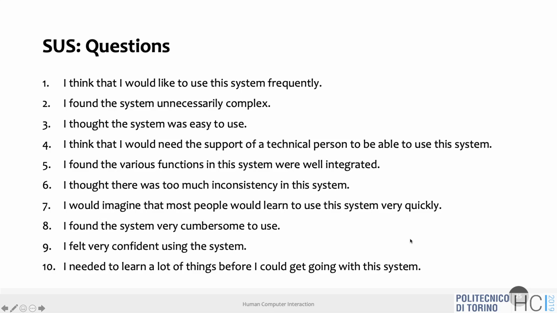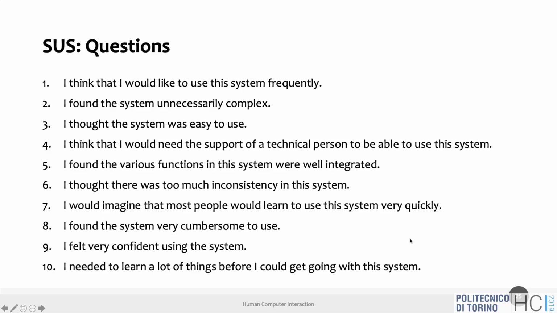There is something that sounds strange if you read them.